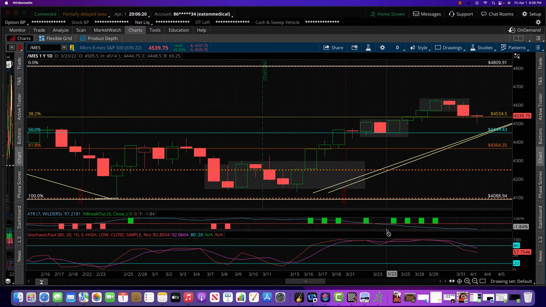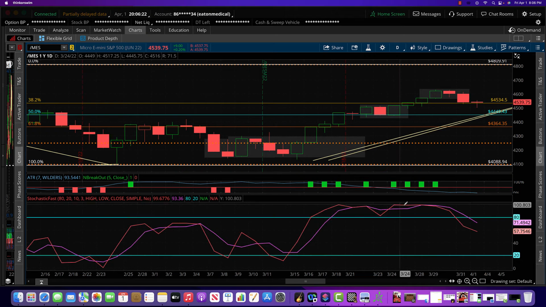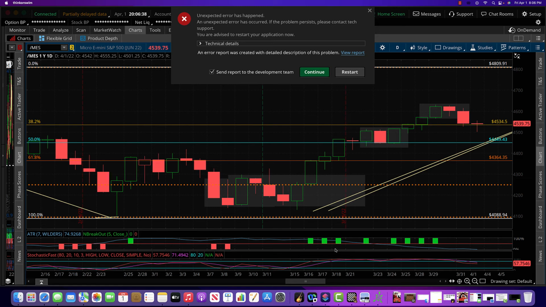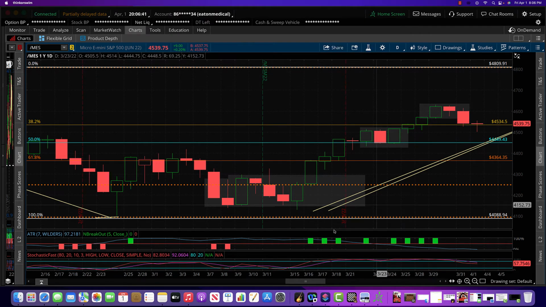Look at what stochastic is doing. Okay, it's turning over. Now the fast is below the slow period. And we could, stochastic emulates that cyclical motion of the market.